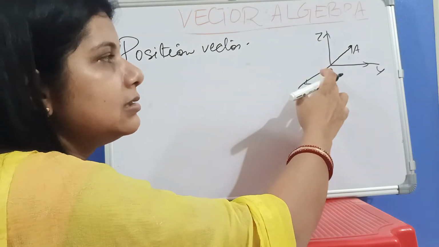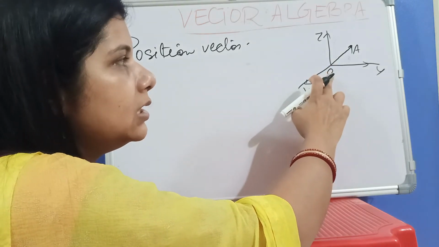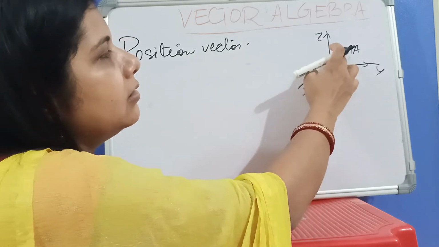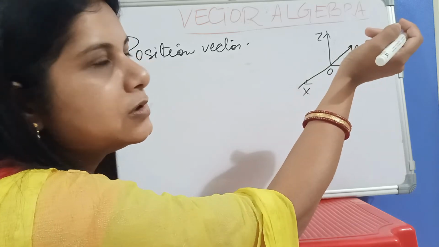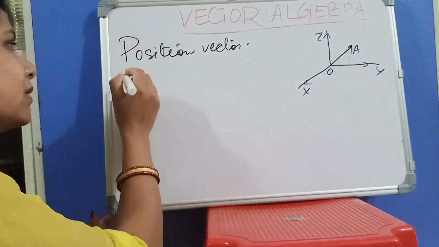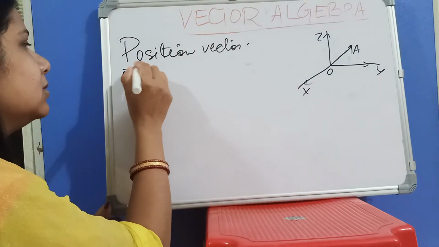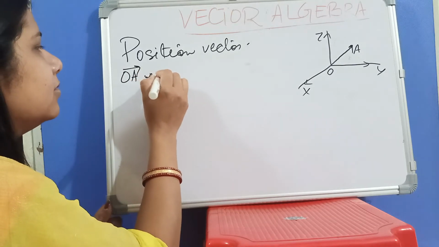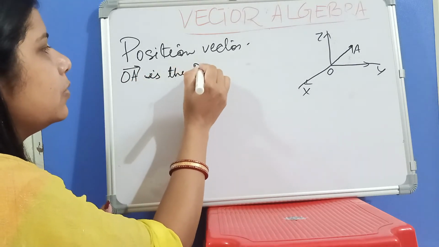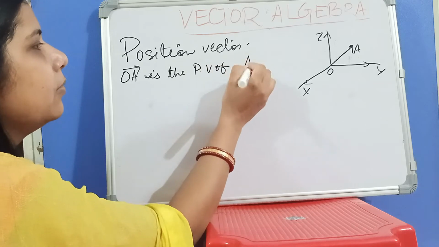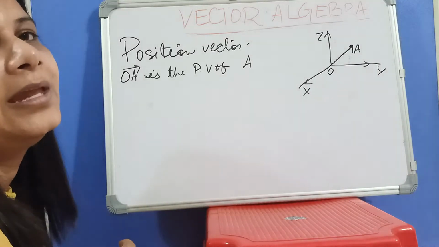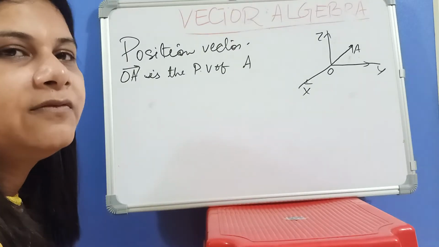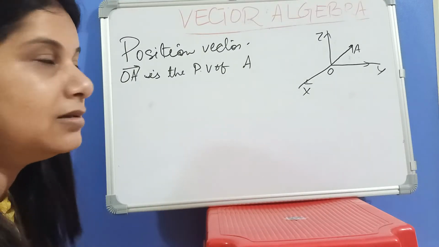Because origin is the starting point of everything, so this will be the initial point and the direction will be towards A. So OA is the position vector of point A. So we can always find out the position vector of any point. So that means every point in 3D is a vector.